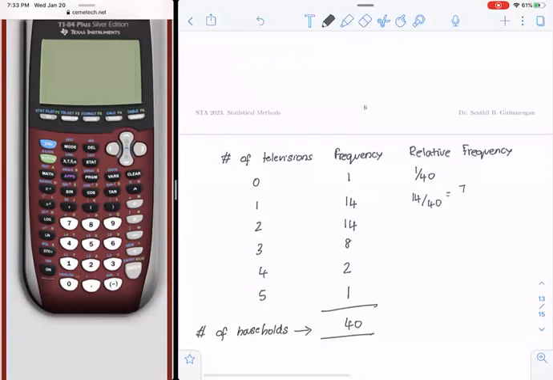If you simplify it, that is 7 over 20. 14 over 40, same, 7 over 20. 8 over 40, simplify it, you'd get 1 over 5. 2 over 40, it's 1 over 20. And lastly, you have 1 over 40.